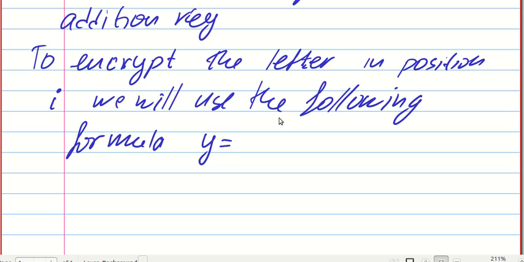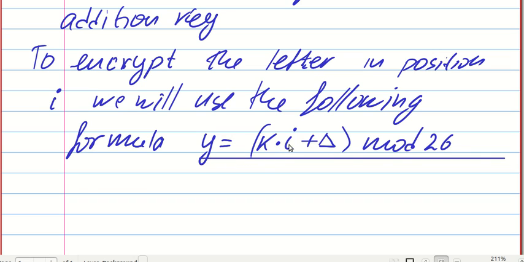Y is equal to K times I plus the addition key, modulo 26, mod 26. So the formula just combines multiplication and addition together.